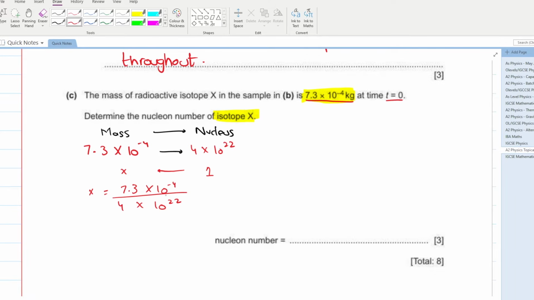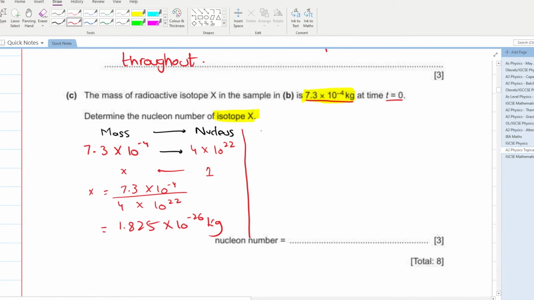The mass of one nucleus comes out to be 1.825 into 10 raised to the power of minus 26 kg. So this is your mass of one nucleus.